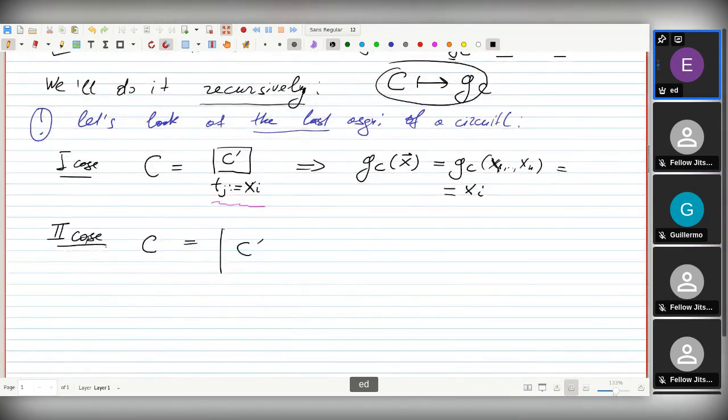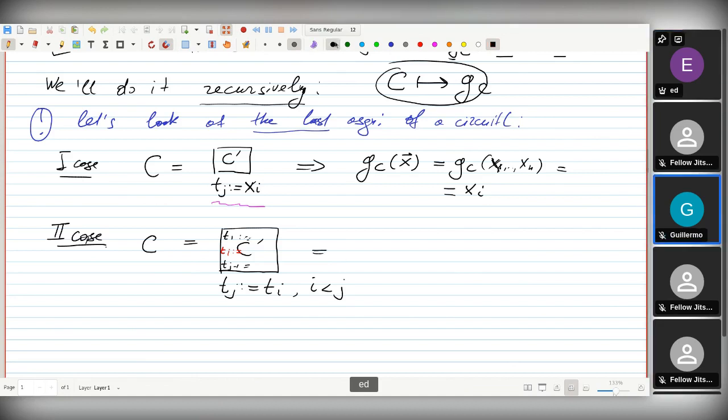So the last assignment, so we had something in C prime, some prefix, and the last assignment was like that, where i is, of course, less than j. So here, by definition, we must have t1 and so on, tj minus 1. And what should we do? Here we necessarily have ti defined. Is it clear?